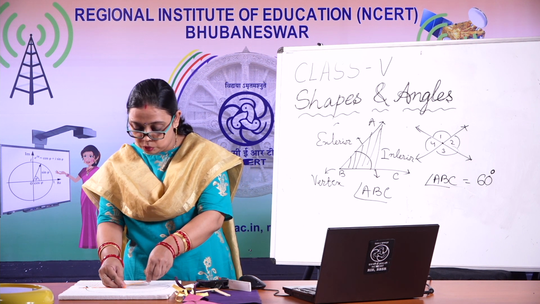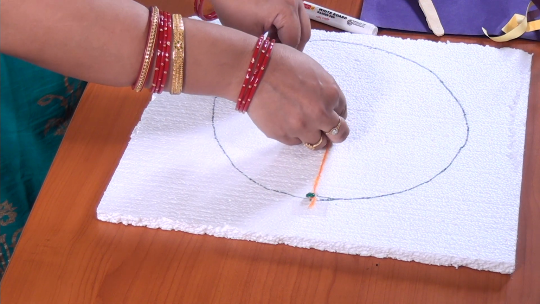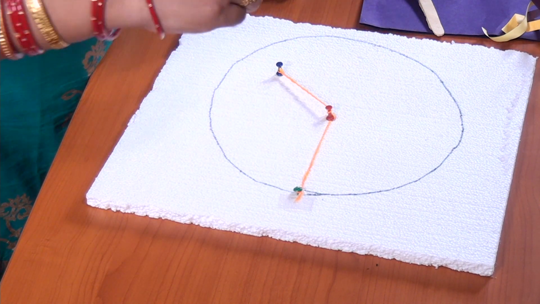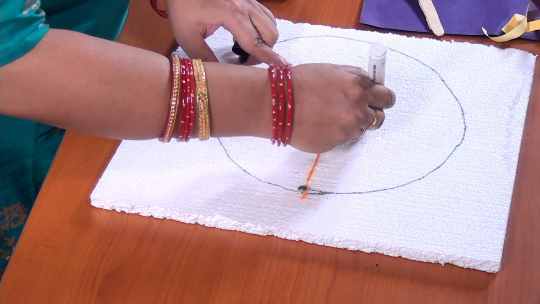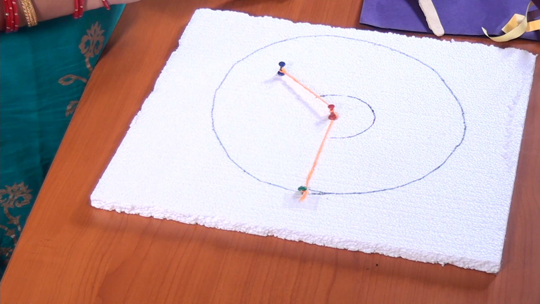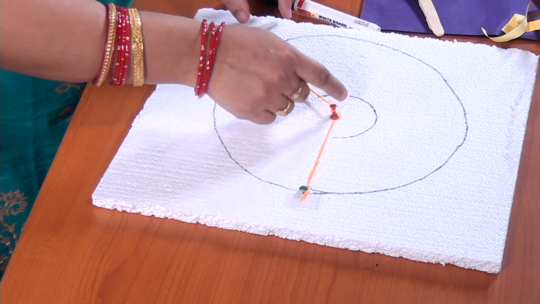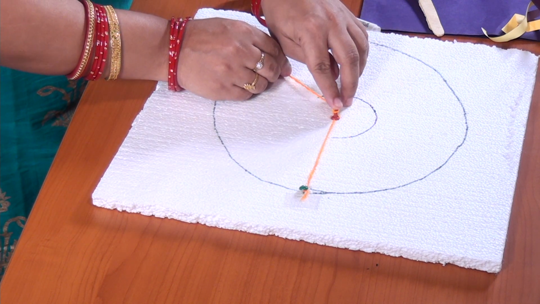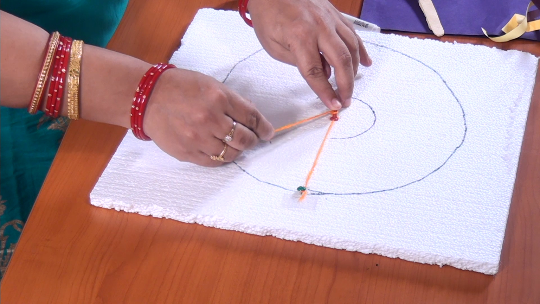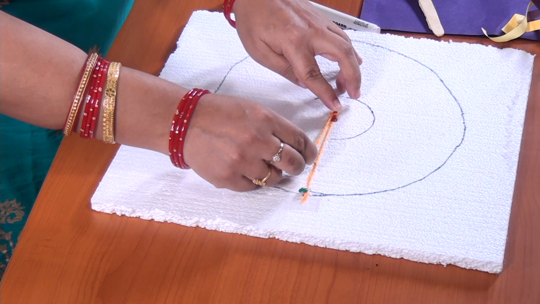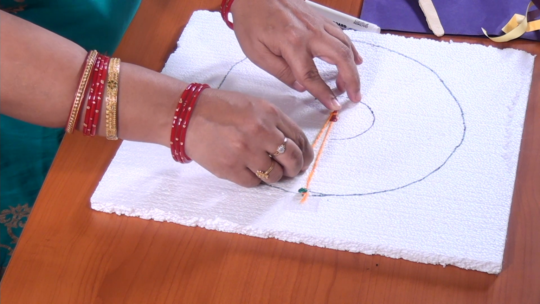If you will go on rotating the thread like this, see, this is one angle. And what about this? This is also an angle. So these angles which are more than straight angle but less than this 360 degree, that is complete angle, are called reflex angle.